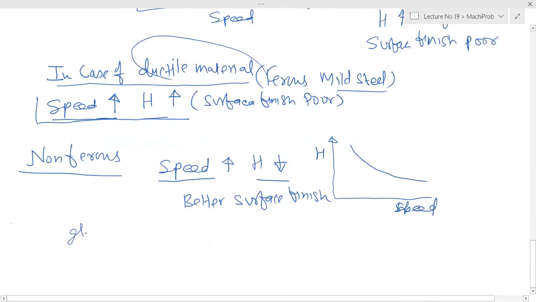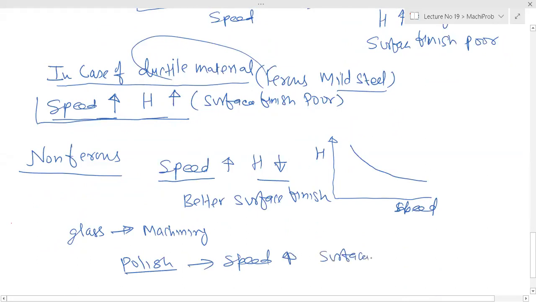Like glass machining. If you want to polish glass, your speed should be very high. Speed increases and your surface finish increases. But this is the case of non-ferrous, like glass, ceramic, right?